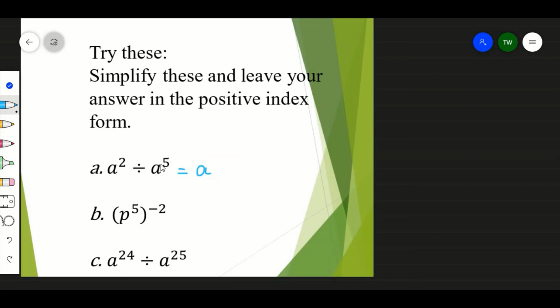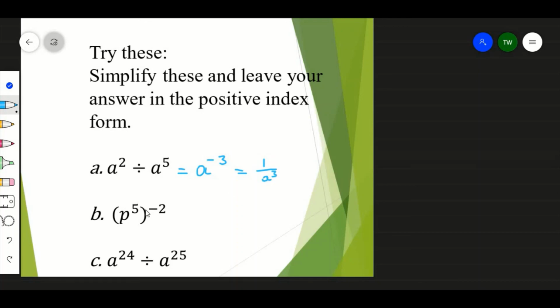So 2 minus 5, that leaves us with negative 3. So it's going to be a raised to the negative 3. But we must also write our answer in positive index form. So this is the same thing as 1 over a raised to the third power.